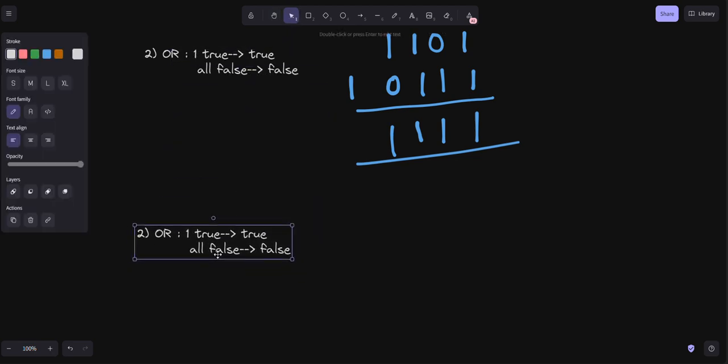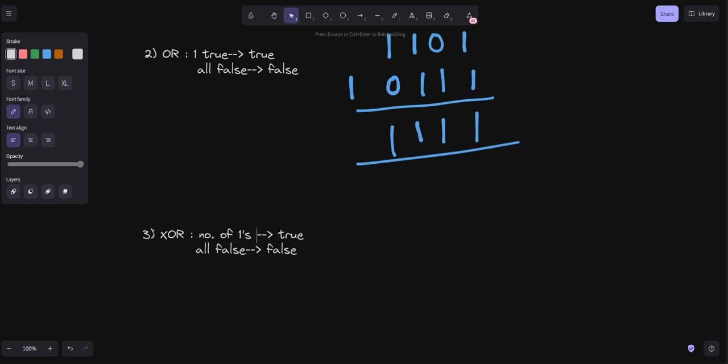Now coming to the third operator, which is the XOR. This is kind of interesting, and many people get confused. Even when I was in college pursuing electronics, I used to get confused with the XOR operator. So I will make it easy for you. If the number of ones is odd, then your answer would be 1.